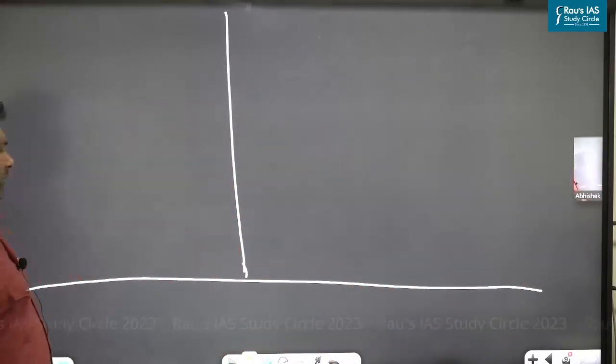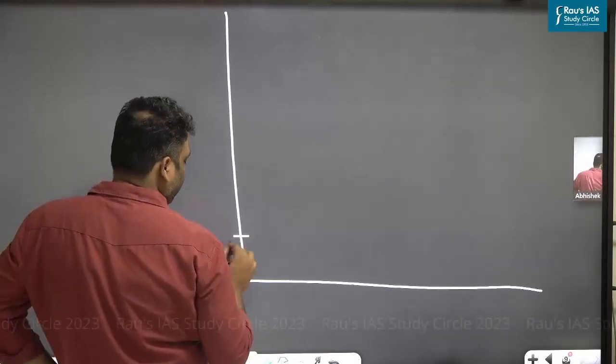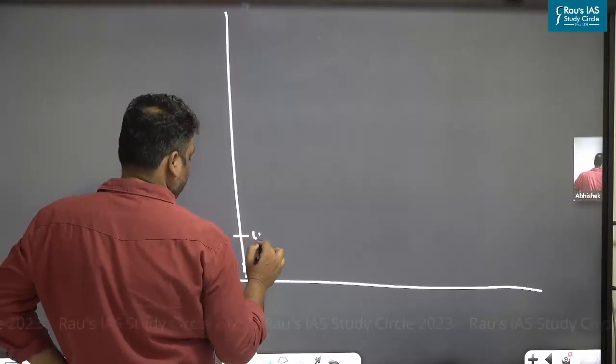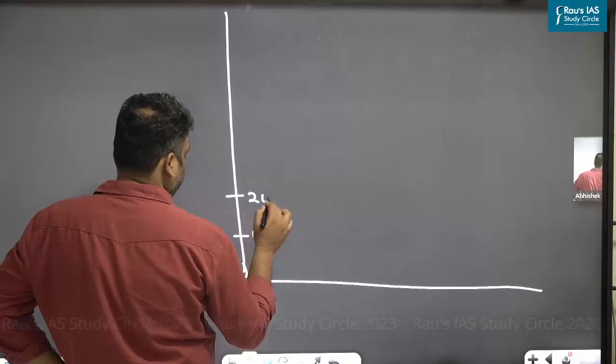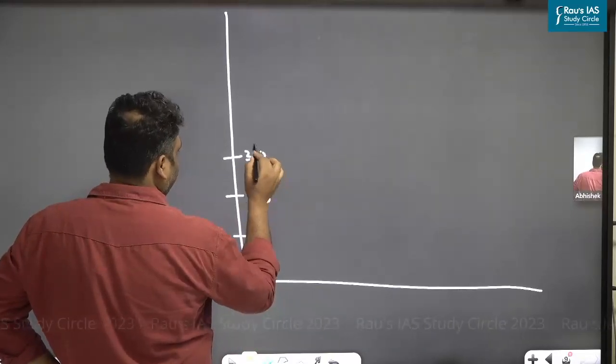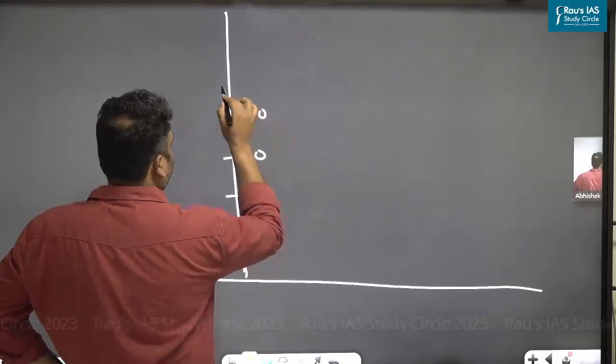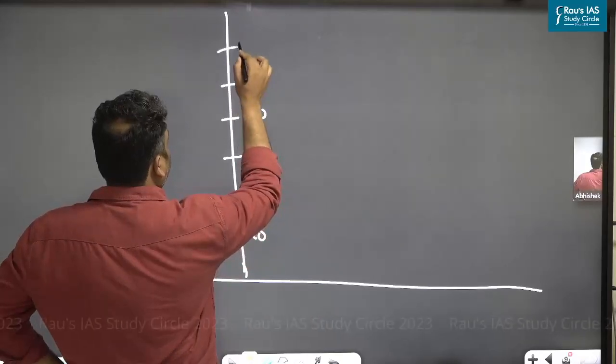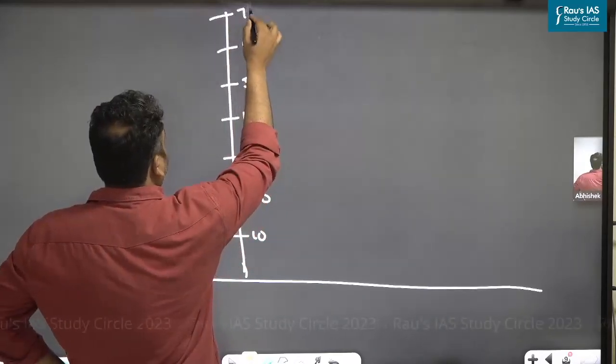In demographic pyramid, in the y-axis, you have the age, this 10 years, 20 years, 30 years, 40, 50, 60, 70, and so on.